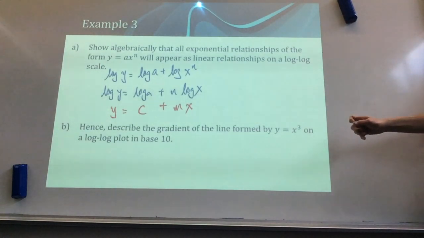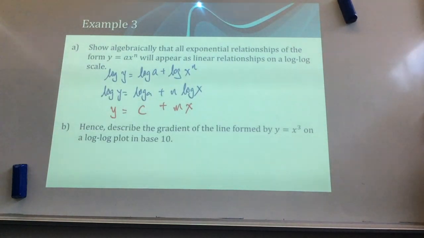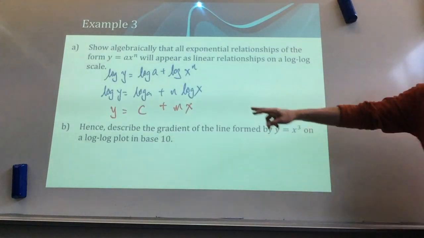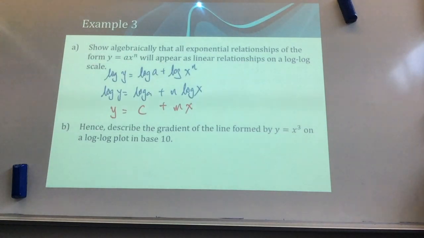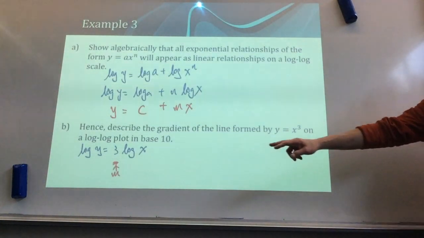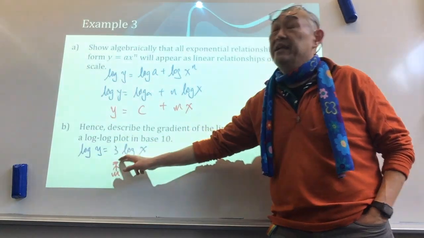So can you therefore describe the gradient of the line formed by the line y equals x cubed on log base 10? If I do that, a is actually 1, correct? So log y equals 3 log x. So therefore, I just indicated to you that it's a gradient.